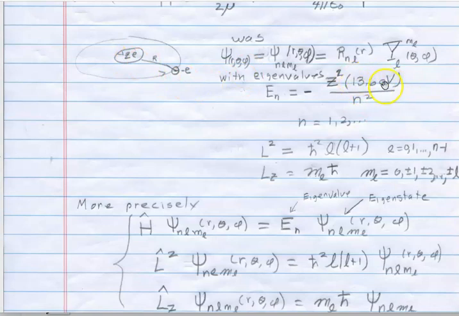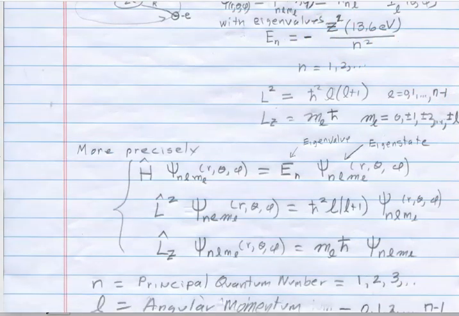And for hydrogen, Z is just 1, and this becomes 13.6 electron volts or thereabouts. n is a quantum number that goes from 1 to infinity, so we see that energy is not continuous in quantum mechanics in this case, but is quantized in these very discrete values for the energy of the electron. That's the total energy of the electron in this bound state.